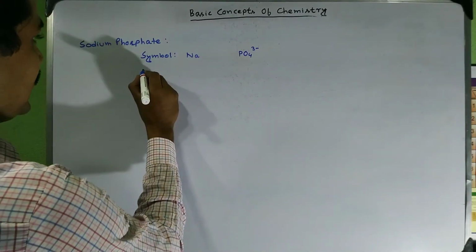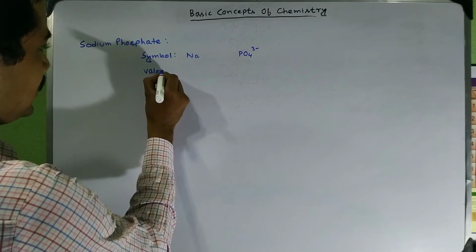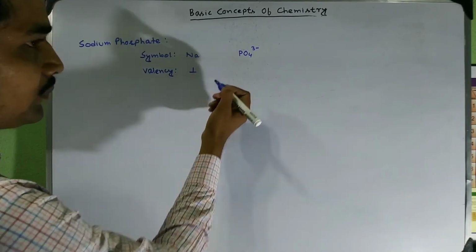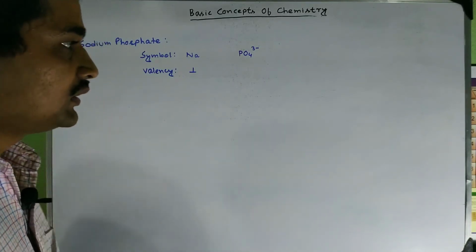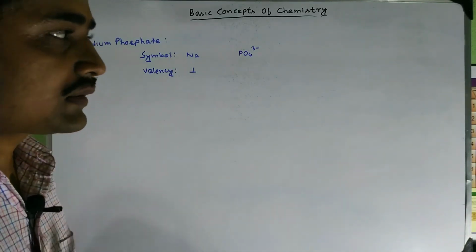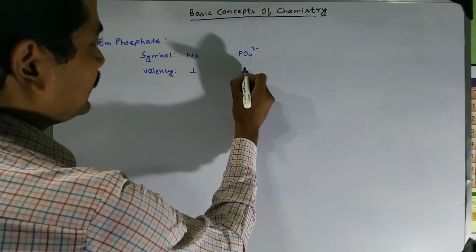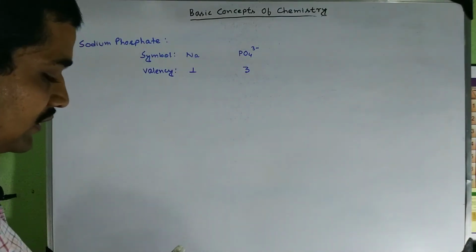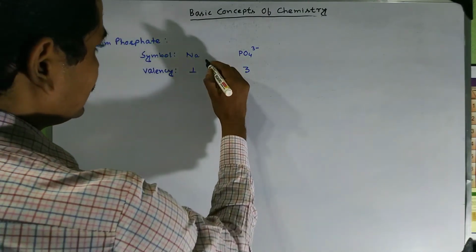Now the valency of sodium is 1 because it is a group 1 element and it contains Na plus. And the phosphate valency is 3. Now interchange them.